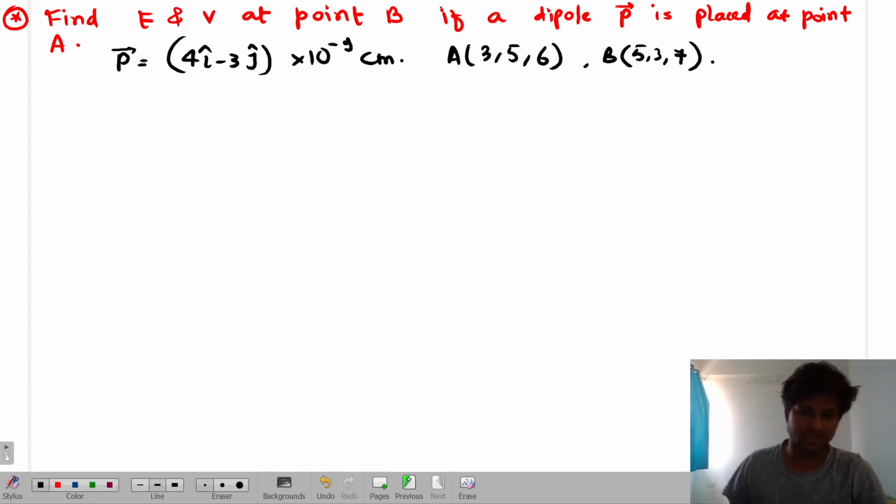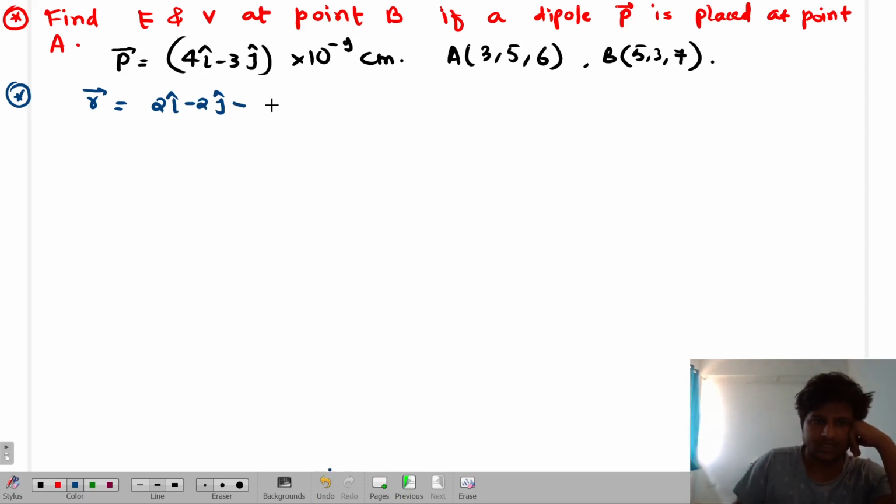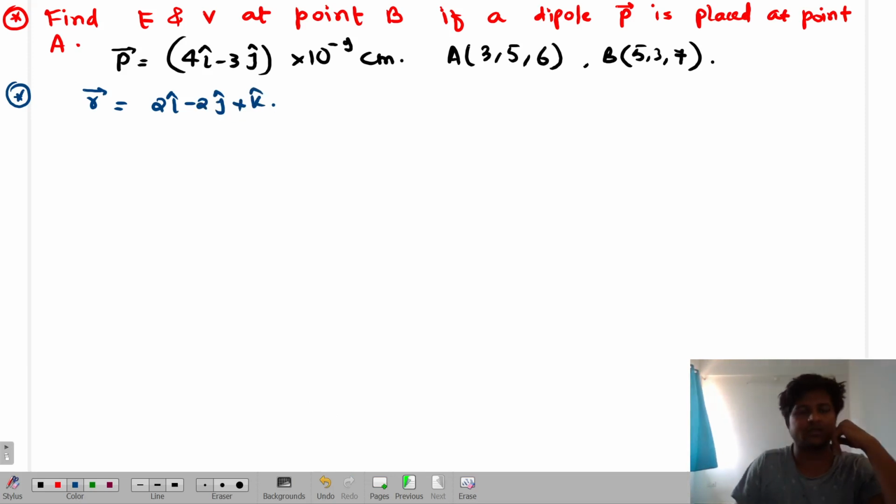Acha, I'll tell you one thing to handle this question. We want electric field and potential at such a random vector R, isn't it? So random vector R, create it first. What is that? 5 minus 3, 2 i cap plus 3 minus 5, so that is minus 2 j cap plus k cap, isn't it?